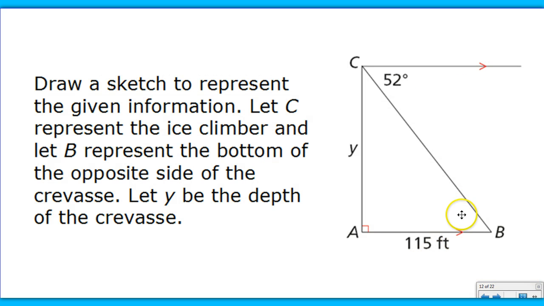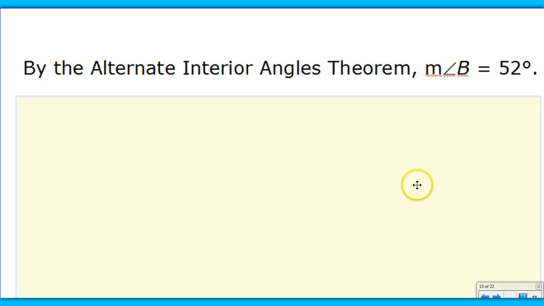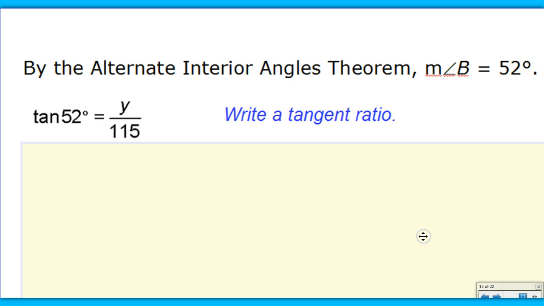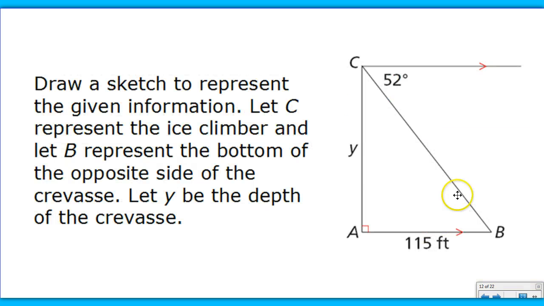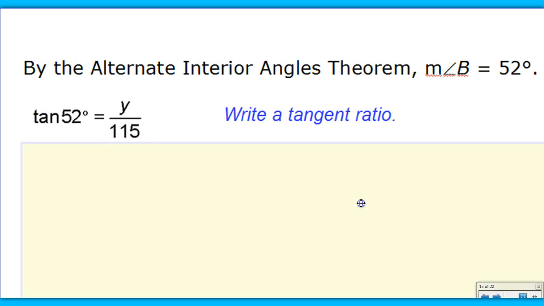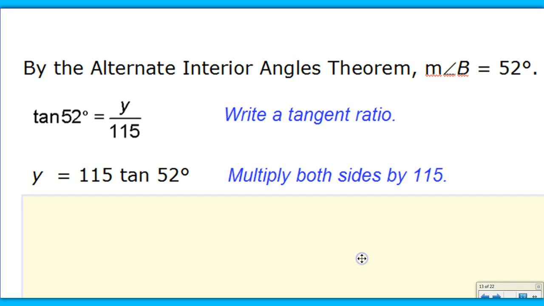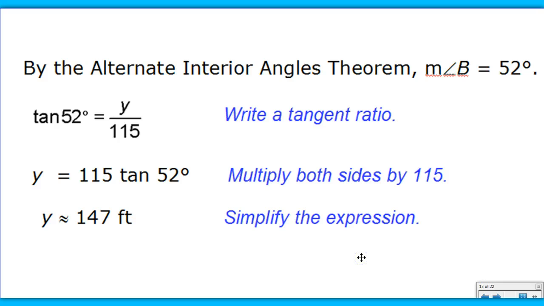So we are looking for the opposite over adjacent, the opposite side from this 52-degree angle. Again, the tangent ratio, right? So tangent of 52 is y over 115, and we simply multiply 115 times tangent 52, and we have a depth of 147 feet.